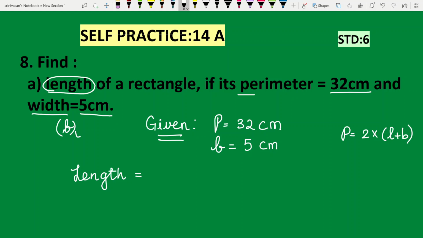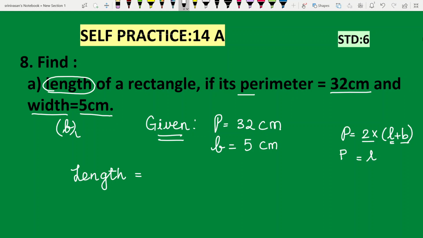Here we are going to find out the length formula. Listen, only the length you are going to keep in the right hand side and the remaining two terms we are going to take to the left hand side.